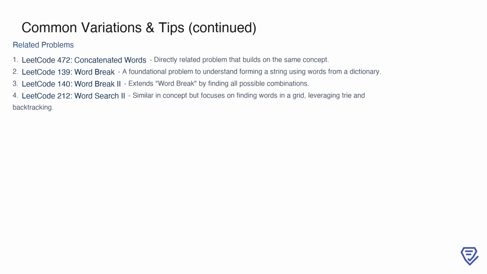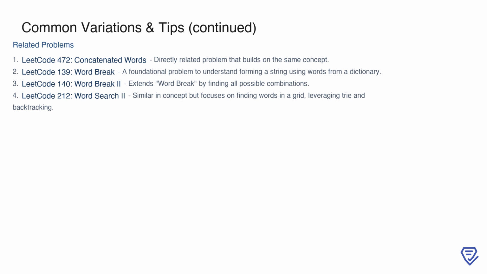It's helpful to connect this problem to related challenges to deepen your understanding. LeetCode 472, the concatenated words problem itself, is the core focus here. A great foundational problem to complement this is LeetCode 139, word break, where you determine if a string can be formed using words from a dictionary.